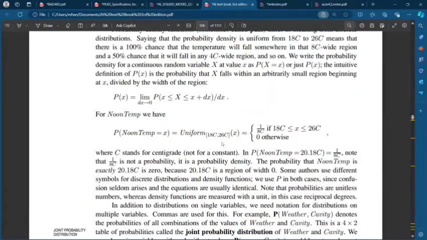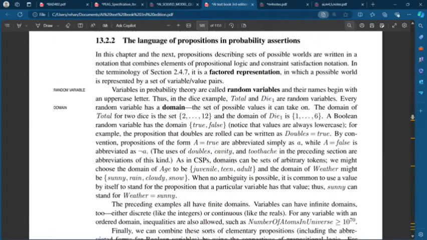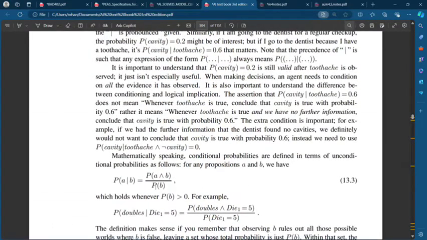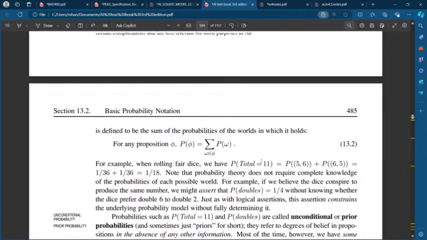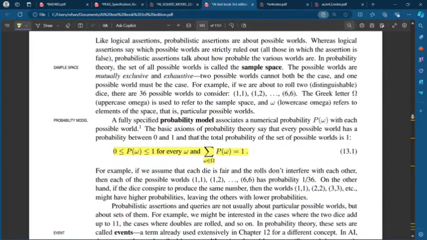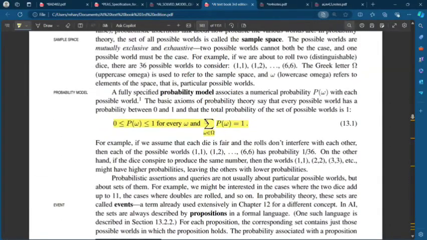So first, what we'll say here now. It starts where you know. Not here, not here. Yeah, see, it starts here, 13.3, 13.2, 13.1. So what you need to remember is this one: 0 is less than or equal to P of w, less than or equal to 1 for every w, and the summation of P of w over w belonging to omega is equal to 1.